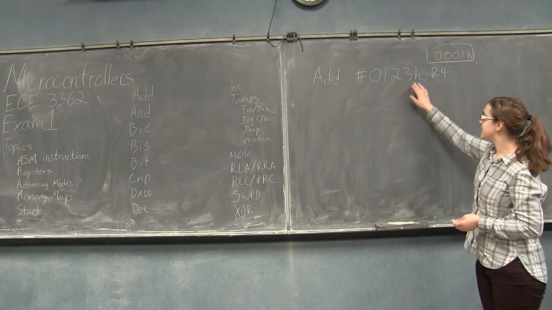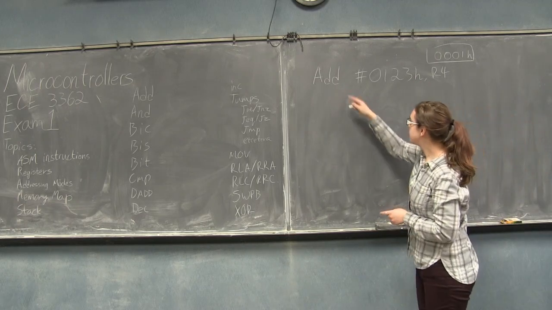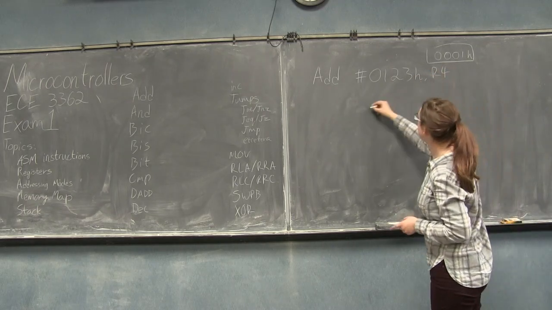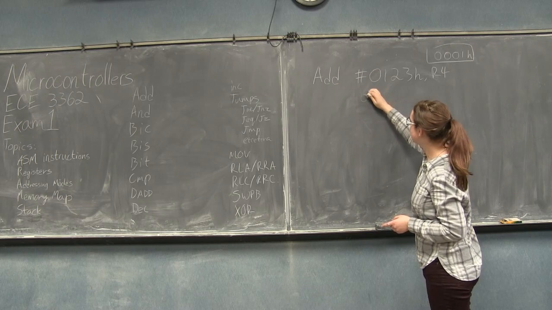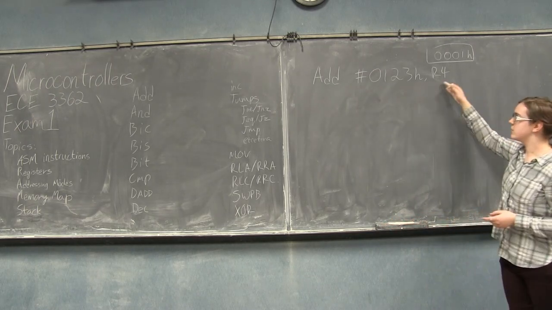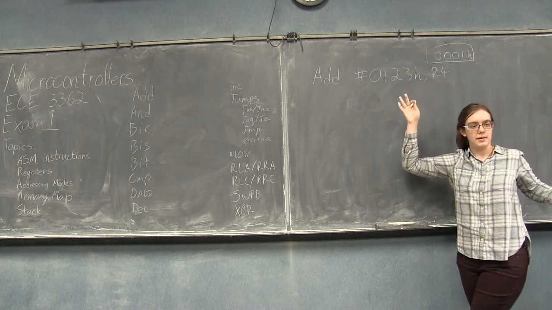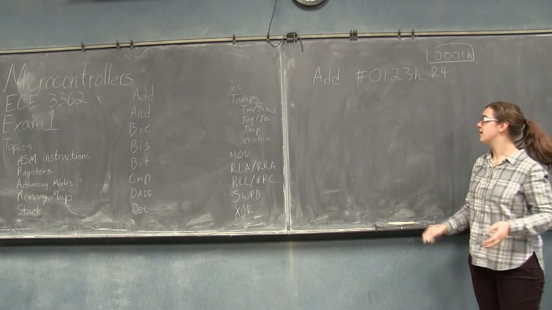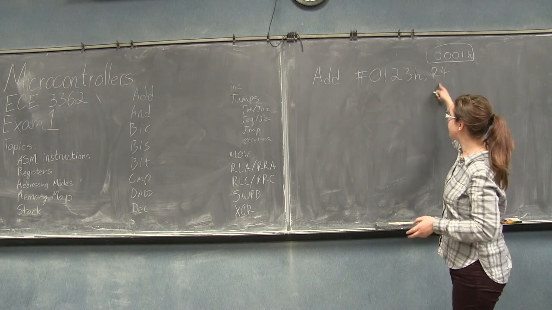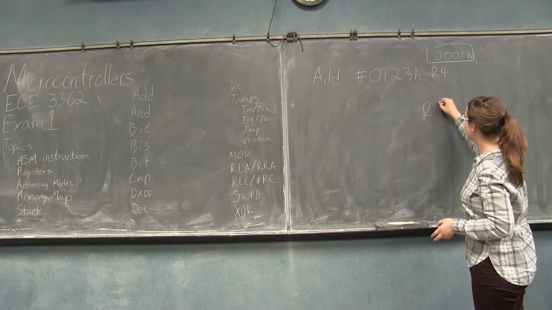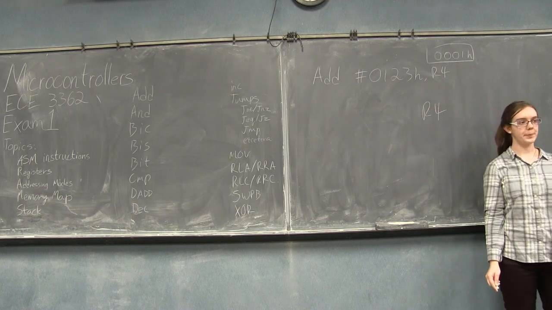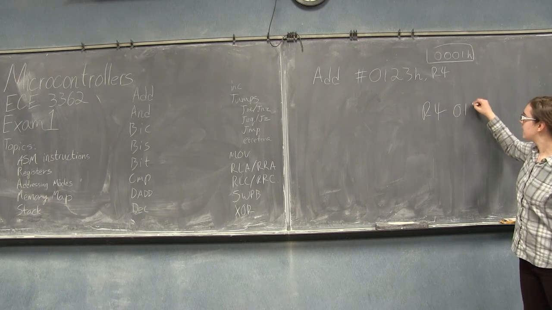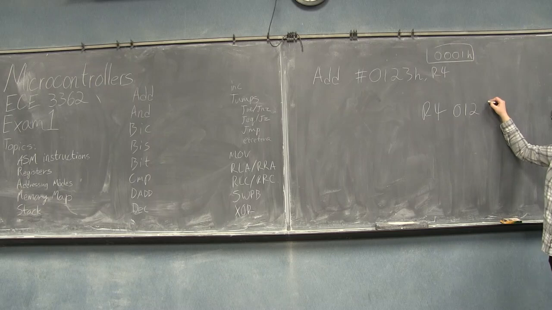Okay, so back to this case. So how we do this is it's just decimal adding. You can convert everything into binary, or you could just add it decimally. So you know that after this instruction, the value in R4 would be what? 1, 2, what? 4.